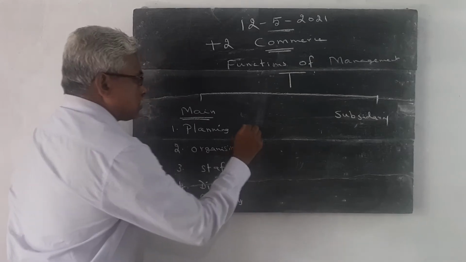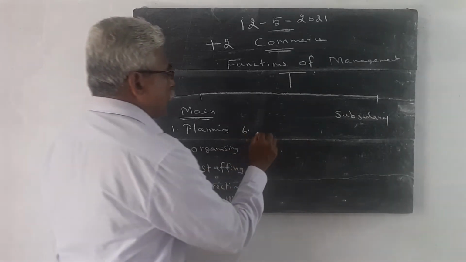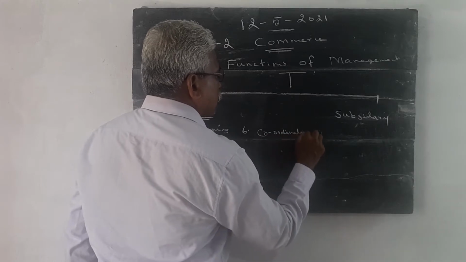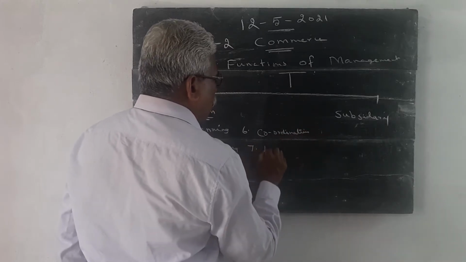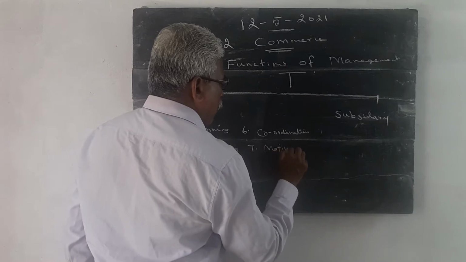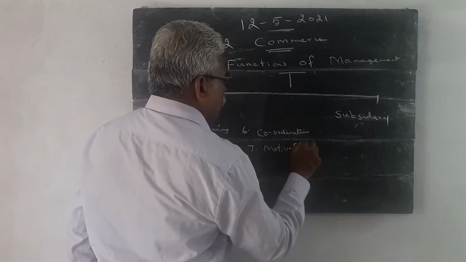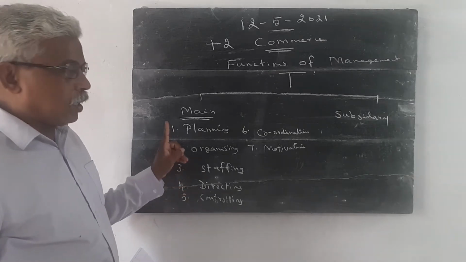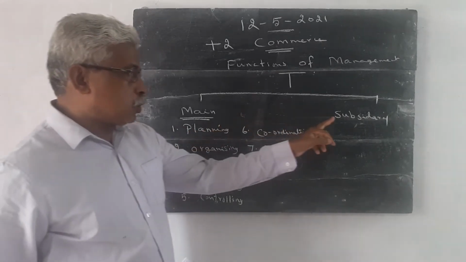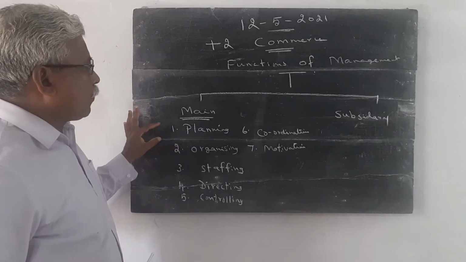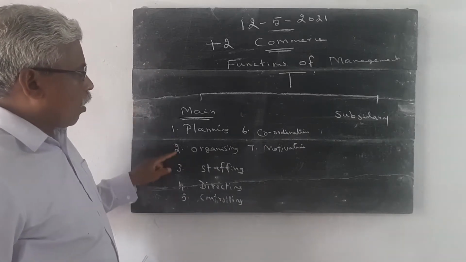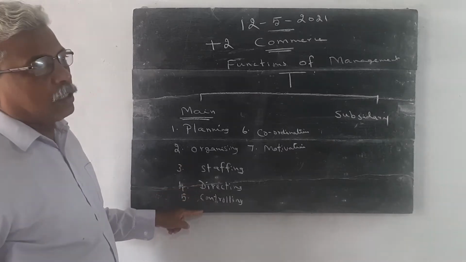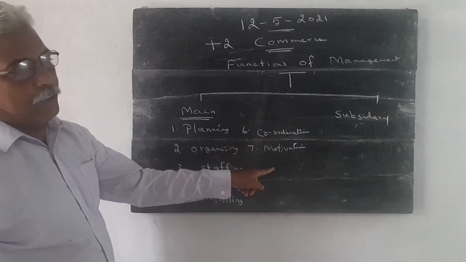Number six, coordination. Number seven, motivation. So functions of management are classified into two. Number one, main function, and number two, subsidiary function. Main functions are planning, organizing, staffing, directing, controlling, coordination, motivation.